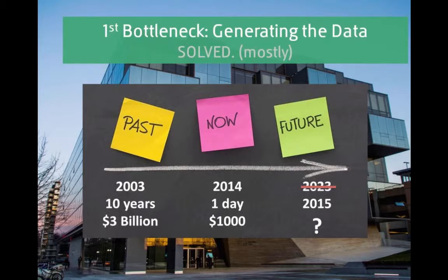And then the projections were that we should be near the $1,000 genome right about 2013 if the impetus from the National Human Genome Research Institute paid off. And in fact, it did. And right about now, we are at the $1,000 or so genome, depending upon how you do the math.